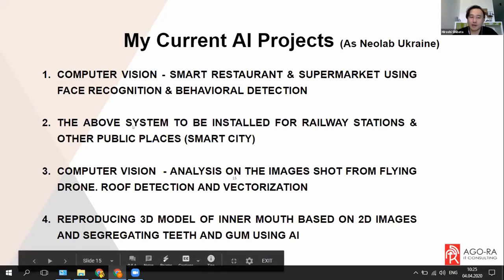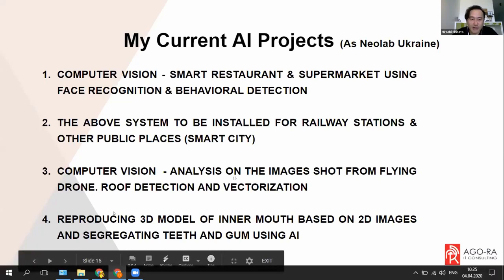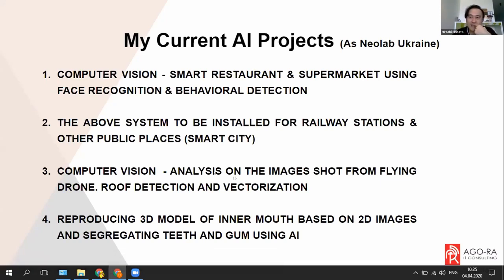And then number 3, computer vision with a drone. We fly the drone, and the drone takes photos, and we analyze those photos to detect the roofs and vectorize them. And number 4 is reproducing a 3D model of the inner mouth, and AI can detect where the gum is and where the teeth are.